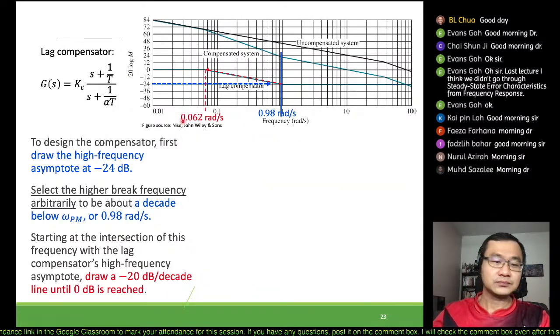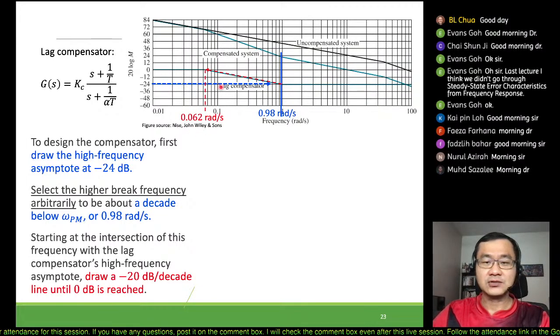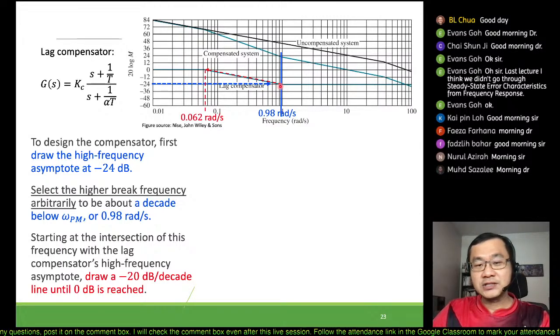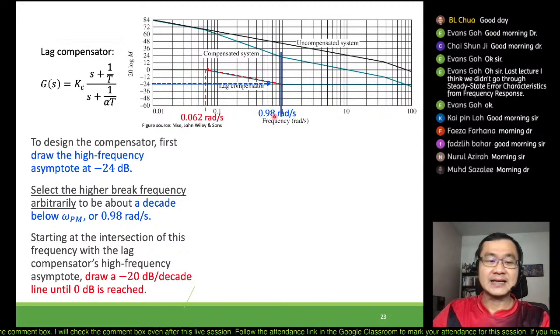We draw the compensator first. First we draw a minus 24 line, which is what we want to suppress. Instead of the bottom, we start counting from 0 to minus 24, and cross it to the 0.98. So how do we get this 0.98?